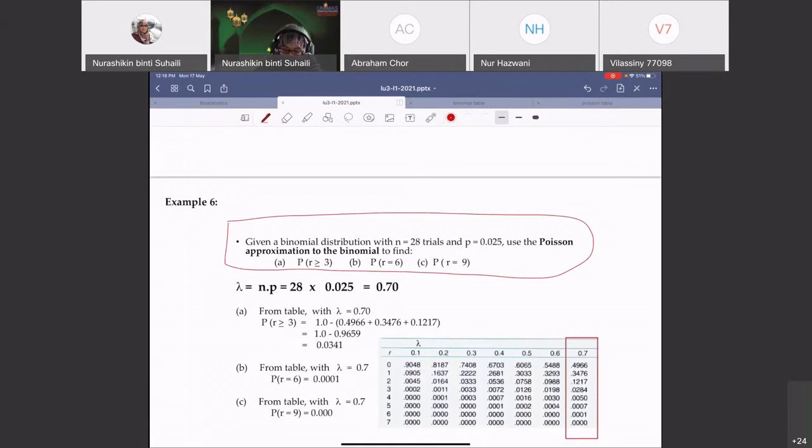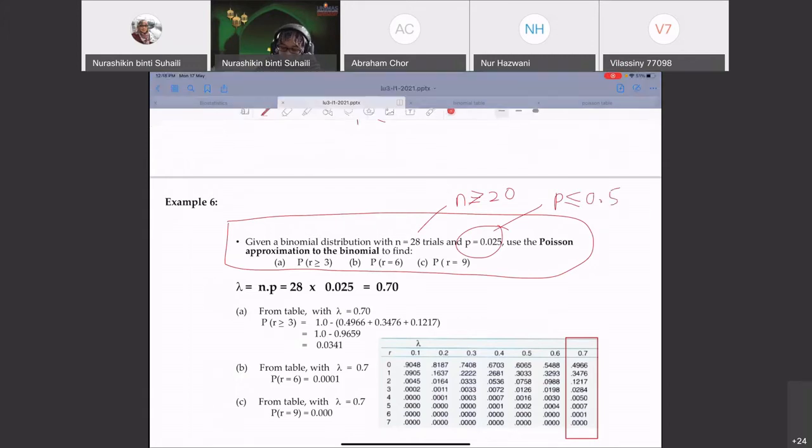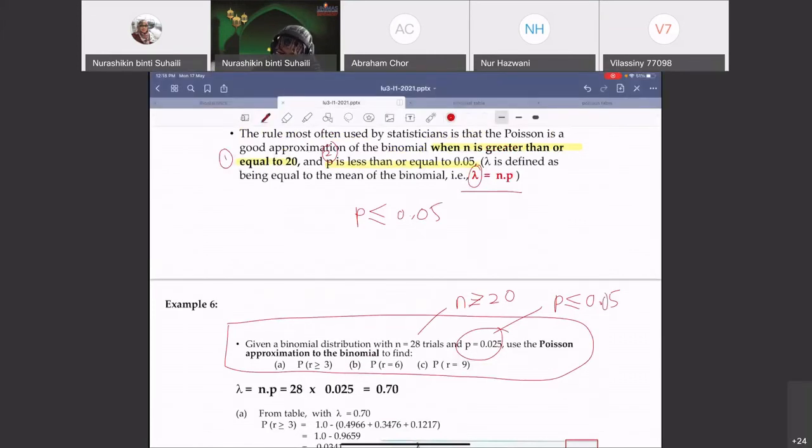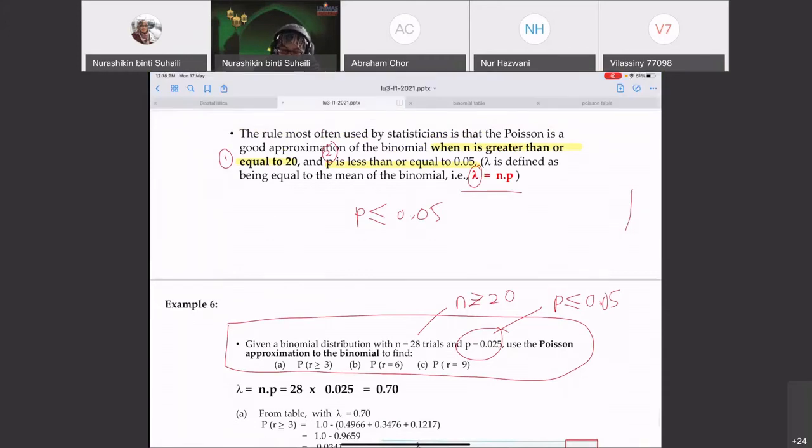If you see here, n is greater than 20, and the p here is less than or equal to 0.05. So it satisfies the condition, the rule given in this statement.